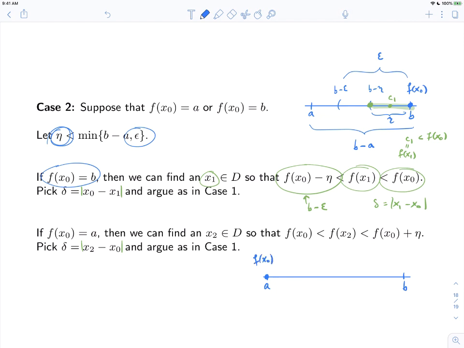And so then, of course, you just pick this distance to be eta, where this distance is epsilon. You just make sure the eta is sufficiently small. And then you find some C2 in this point right here. Let's just change the color. You just choose some C2 here, and then there exists an x2 such that f of x2 is equal to C2, and so on and so forth. It's the same type of argument. I'll leave out the details.